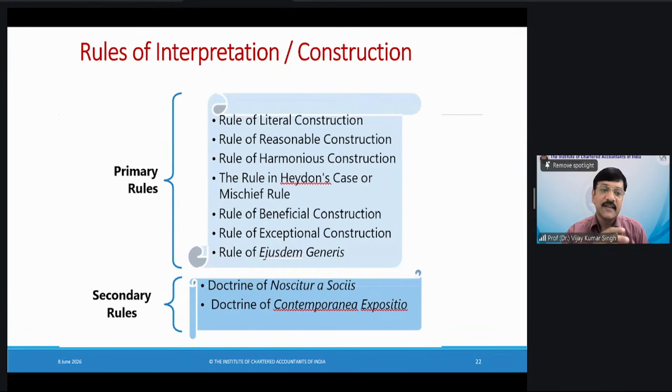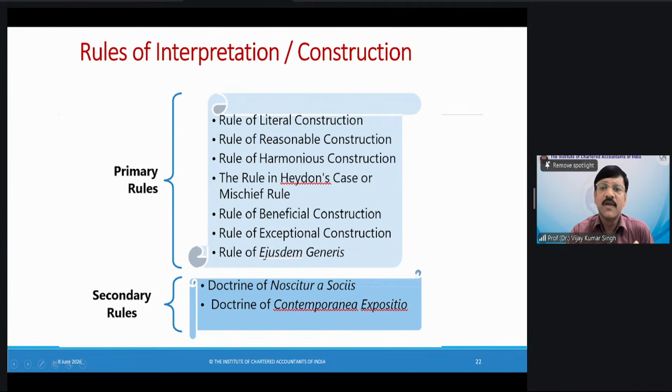Now I think I have explained the basic principles of interpretation. Now we will move ahead with different rules of construction, or rules of interpretation. There are two basic rules of interpretation, as you can see in your book. One is called primary rules, and the other is referred to as secondary rules. In primary rules of construction, the first is the rule of literal construction.